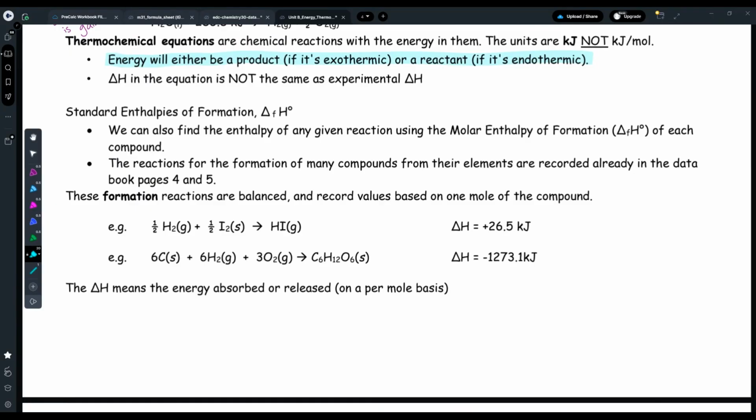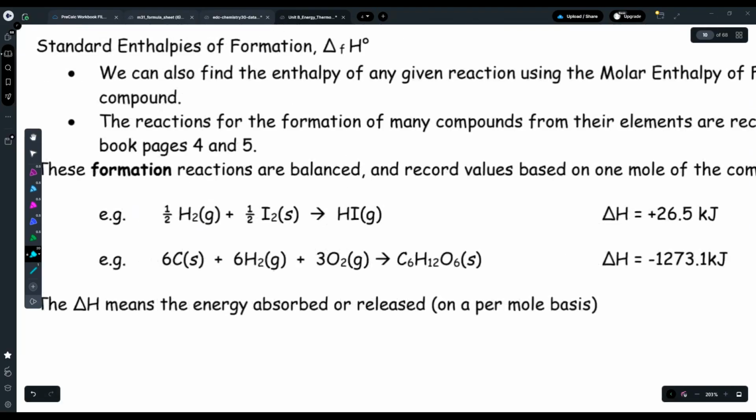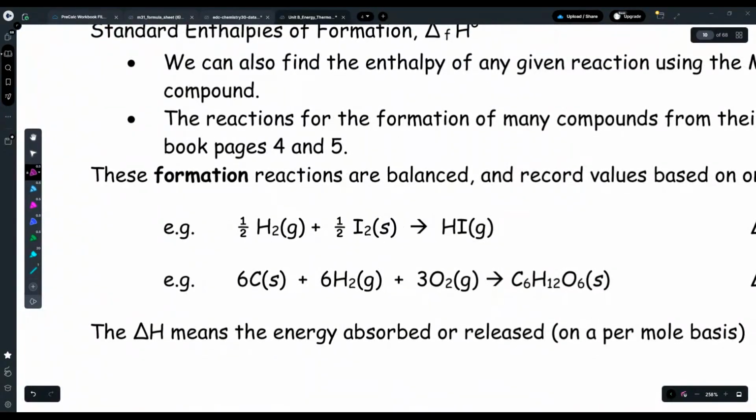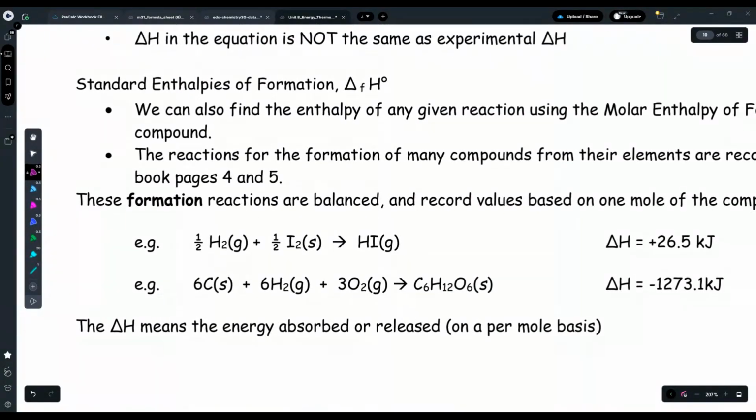All right. So these formation reactions down below here are balanced and record values based on 1 mole of the compound. Just as a side note, how these are written with your chemical reaction and then your delta H over here, this is called delta H notation.